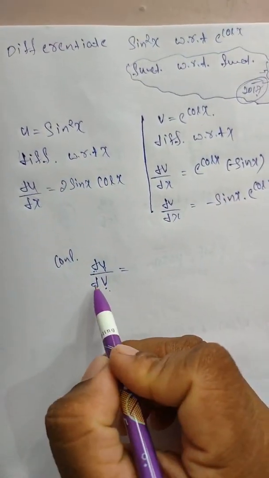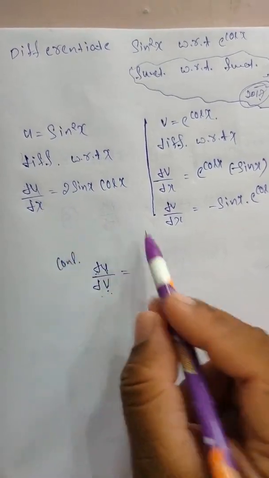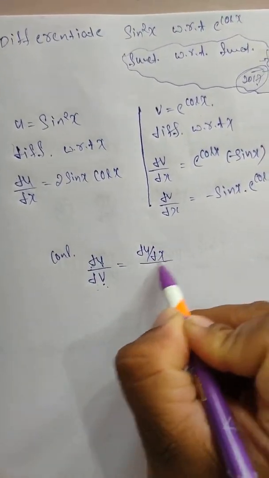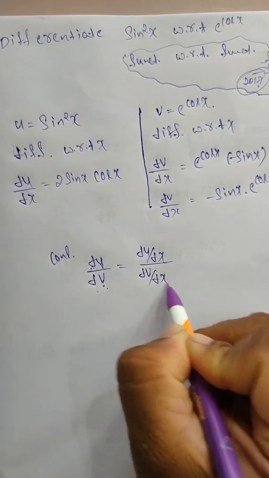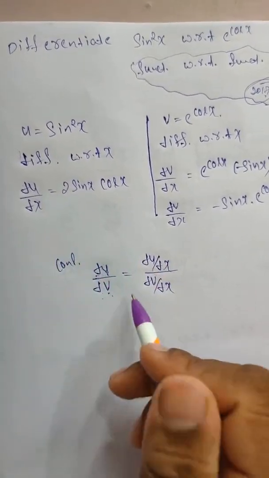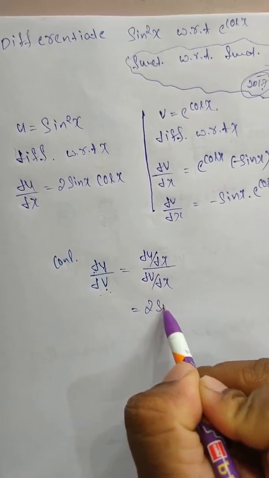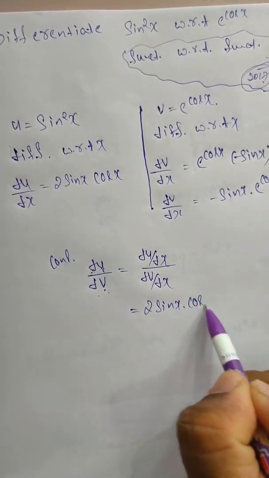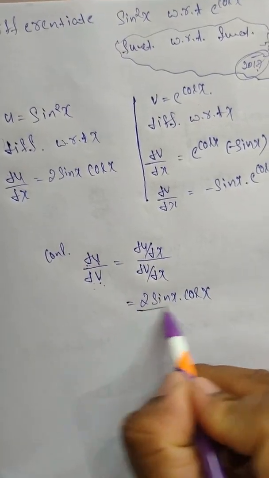Is it clear? Now I am dividing by dx in both the numerator and denominator: du by dx by dv by dx. What is du by dx? 2 sin x into cos x. What is dv by dx?